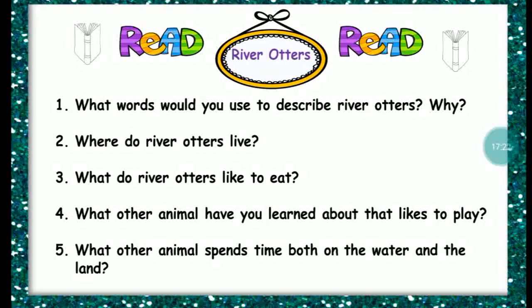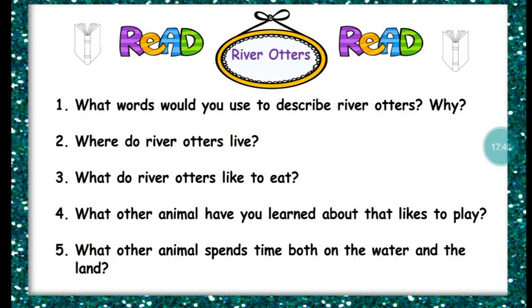Okay, question time. What words would you use to describe river otters? I can say river otters are playful. Yes, they are playful and they're furry and athletic. Yeah, because they run and jump and splash in water. They even slide down hills and they have strong legs that let them swim fast.